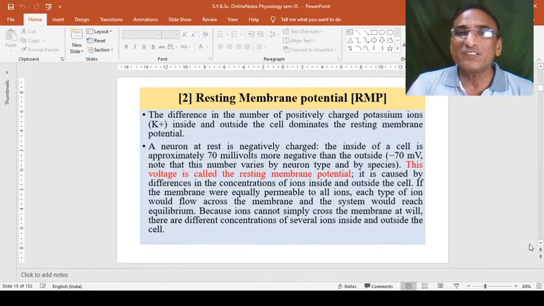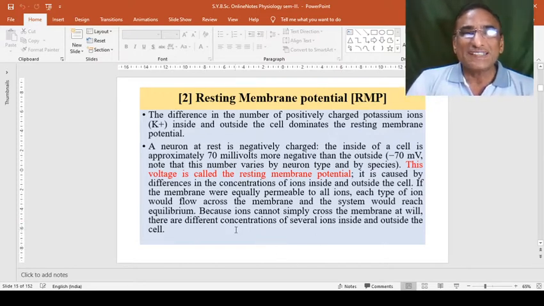Next we will see that the difference in the number of positively charged potassium ions, K plus ions, inside and outside the cell performs all the activities, and if the balance is irregular or imbalanced, then it disturbs the activities of resting membrane potential.